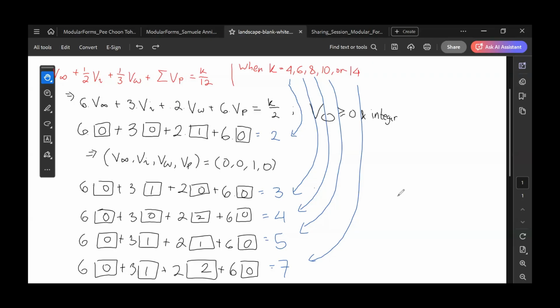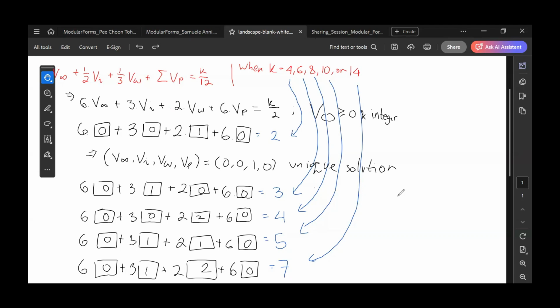All of these, when k is 4, 6, 8, 10, or 14, have a unique solution. So there is only one possible way to find this.